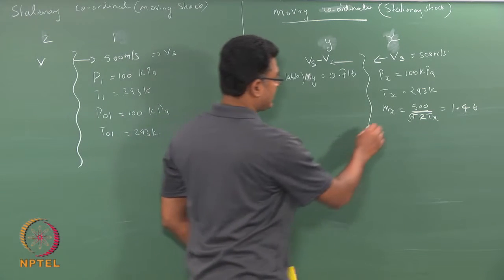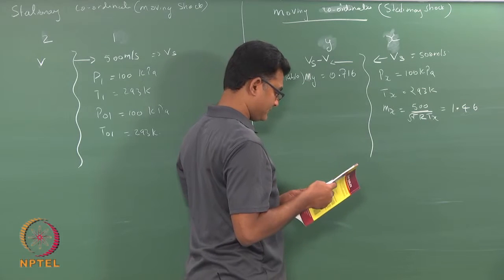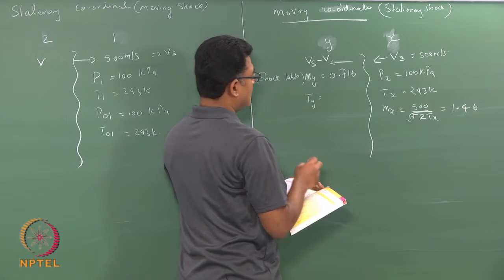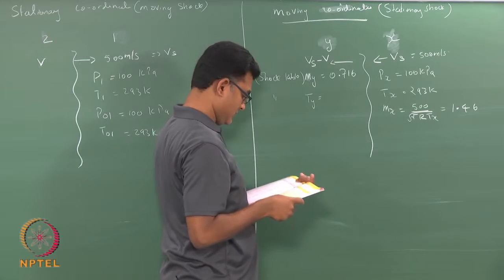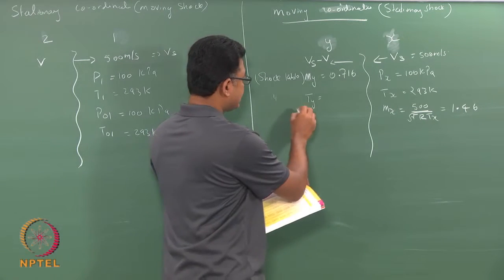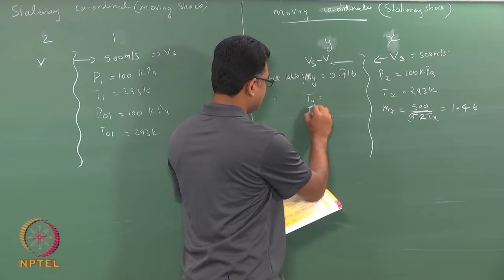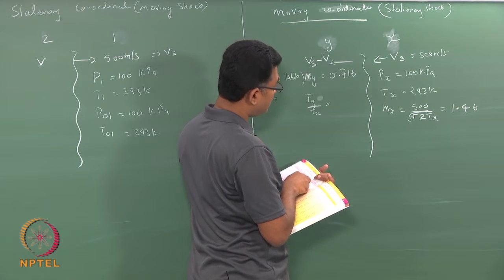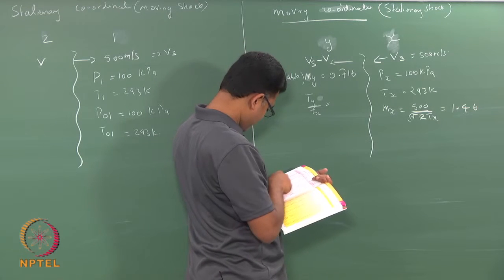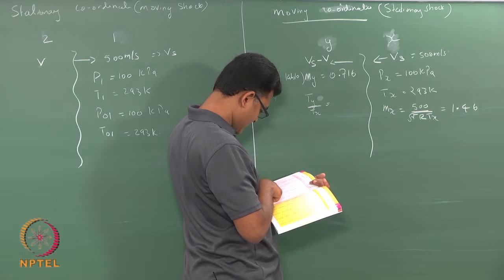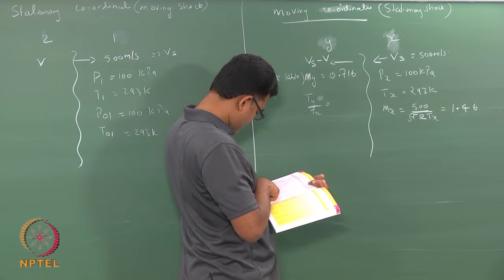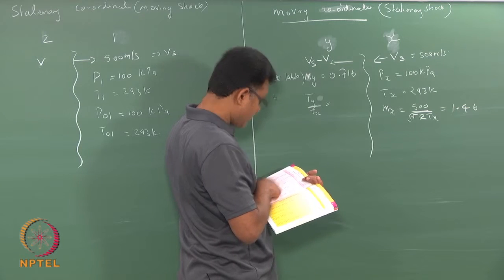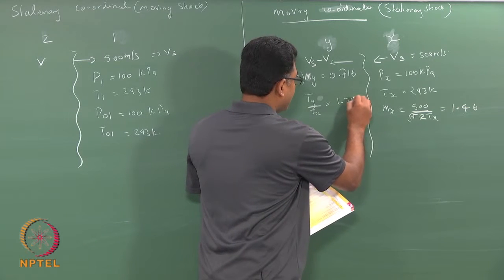I will also get Ty by Tx, again from shock tables. So Ty by Tx for 1.46 is 1.294.